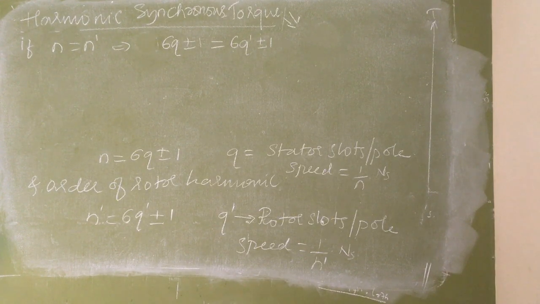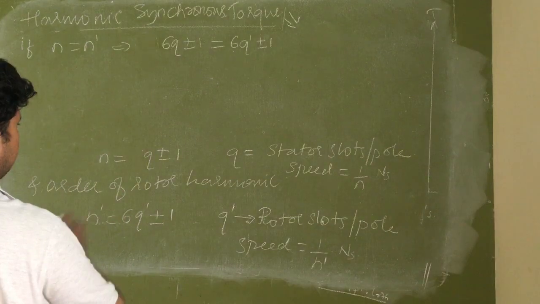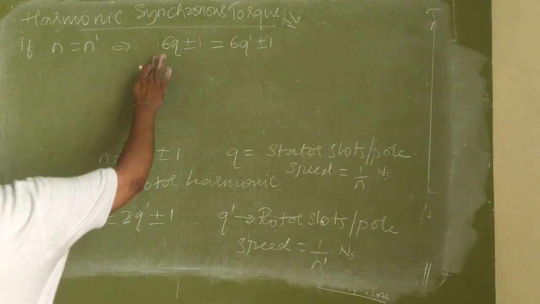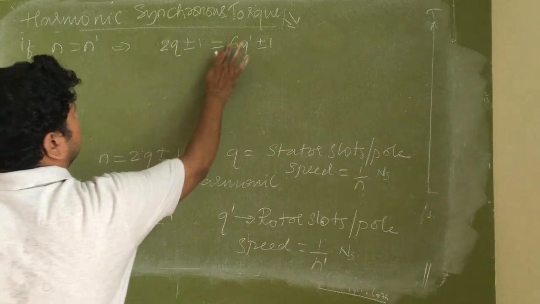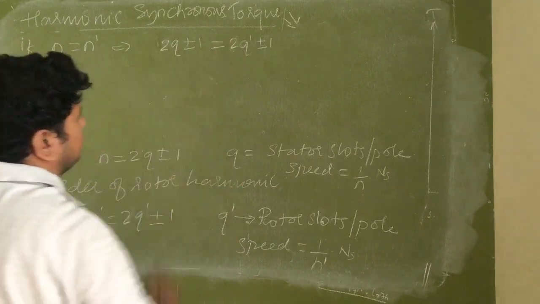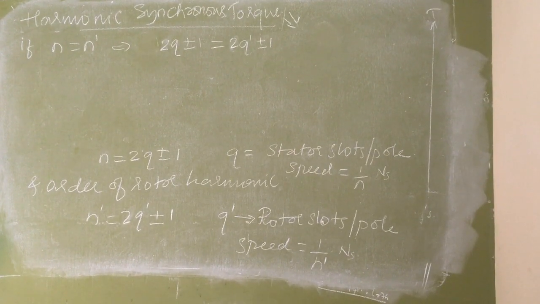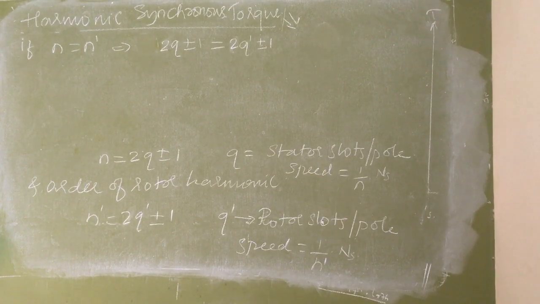Sorry, not 6q, it is 2q. So 2q plus or minus 1 equals 2q dash plus or minus 1.